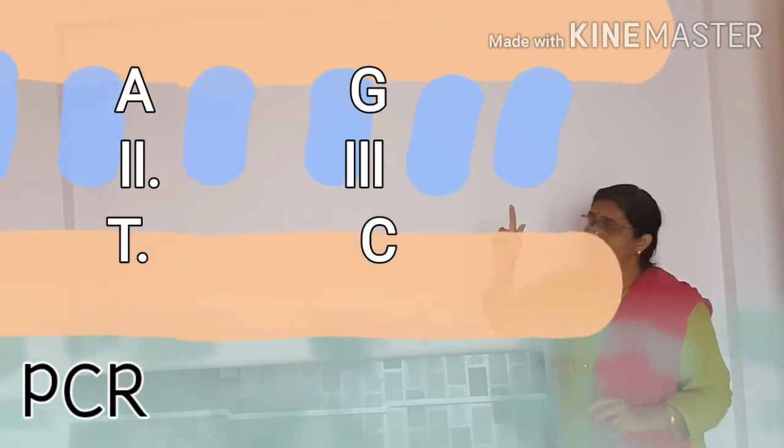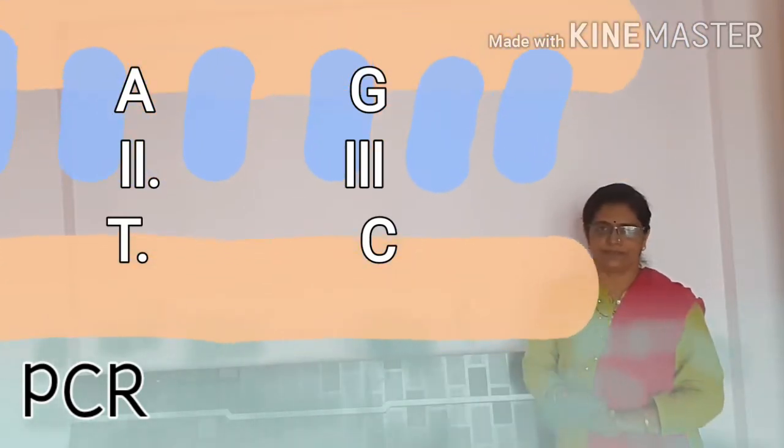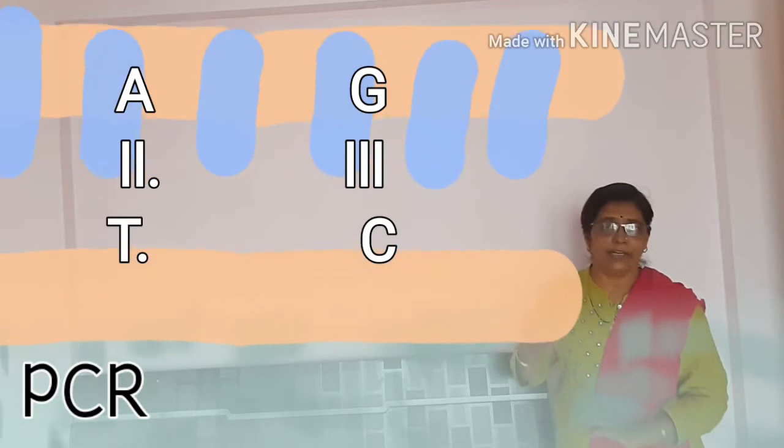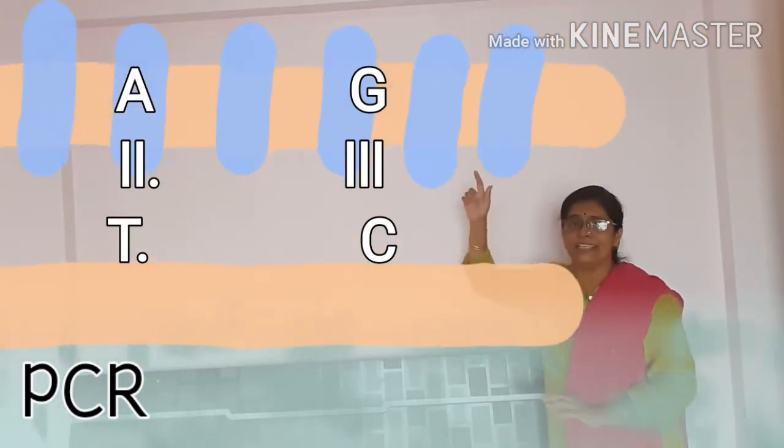More energy is required to break the weak hydrogen bonds. More energy is required to break the weak hydrogen bonds between G and C than between A and T.